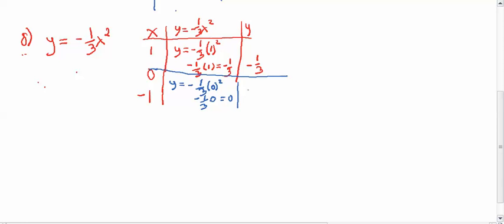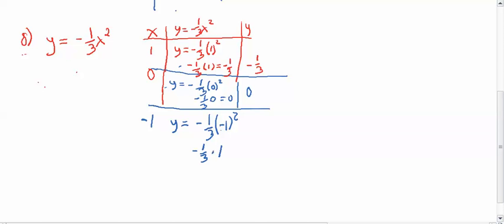So that's my second one. Now I'm going to erase this because I ran out of space. I'm going to put my -1 down a little bit. Then y is equal to -1/3, and we have -1 squared. -1 times -1 is a +1, and -1/3 times 1 is -1/3.